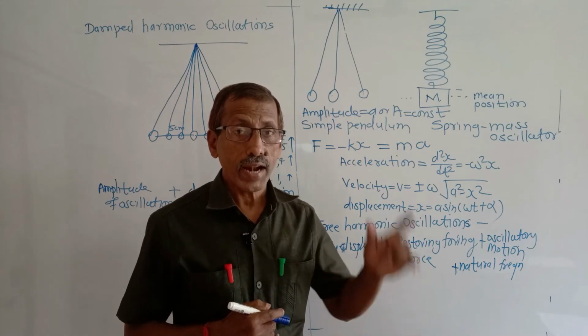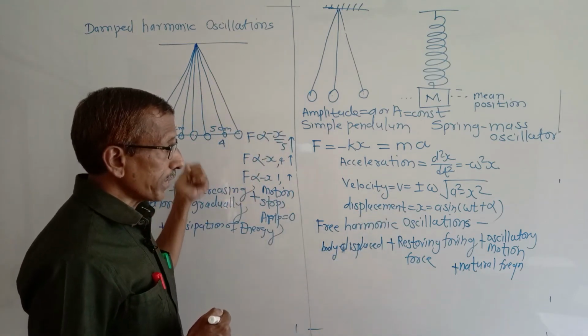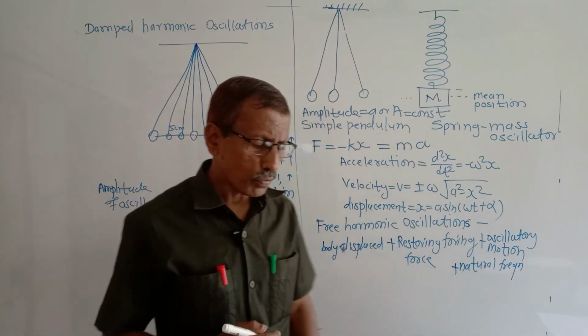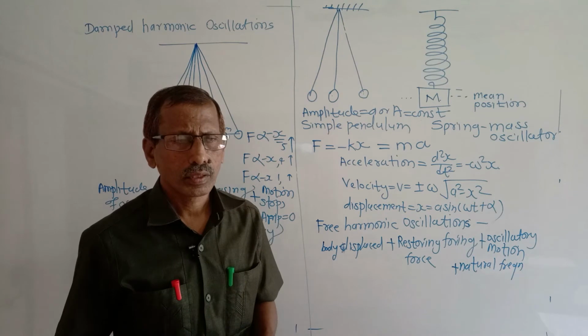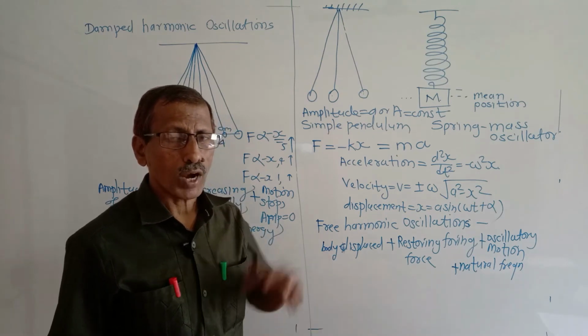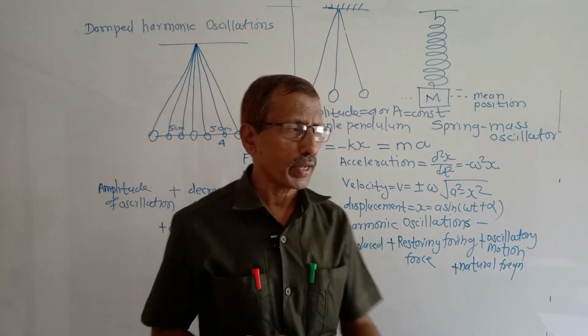There must be additional force acting on the body in addition to restoring force. So, when we try to study the motion of damped harmonic oscillations, we have to apply Newton's law in a different way.